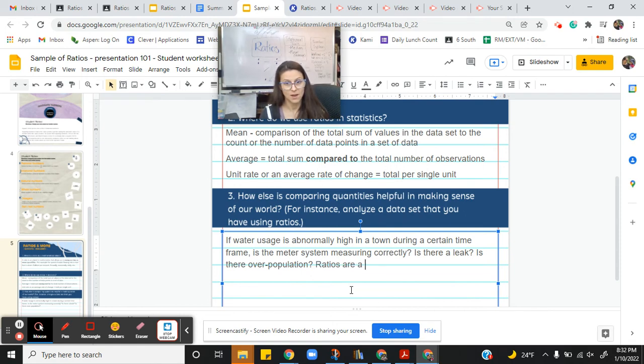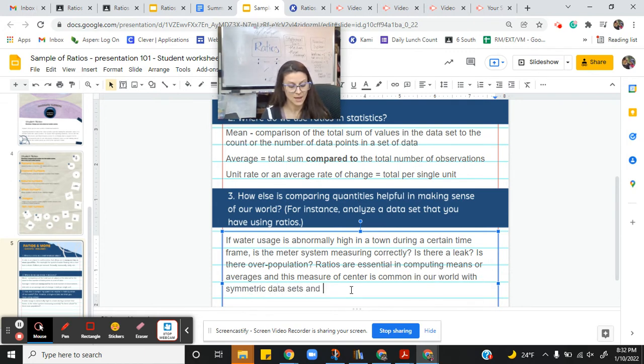ratios are essential in computing means or averages, and this measure of center is common in our world with symmetric data sets and noticing typical behaviors and asking questions when the data is not super typical or changes behaviors.